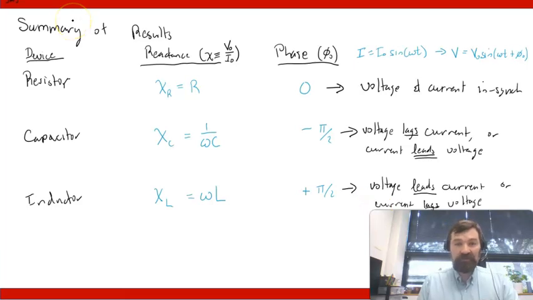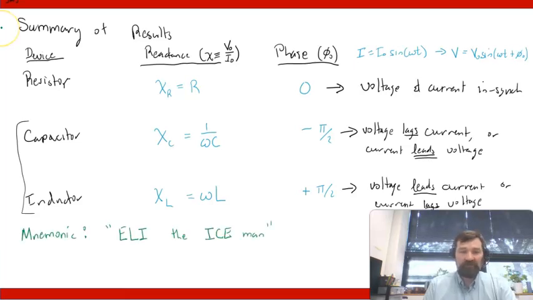And there's actually a little mnemonic for these two. Remembering that for resistance you have synchronization, the mnemonic you can use is called ELI the ICE man. In ELI, E is the E field, but that's the same as a voltage. So for an inductor, which is an L, the voltage leads the current. For a capacitor, the C, the current leads the voltage.